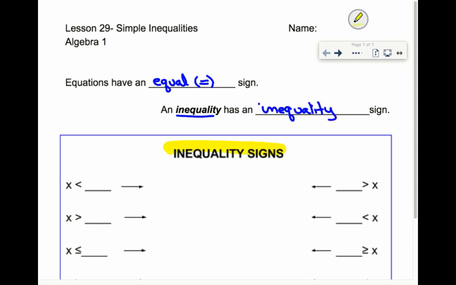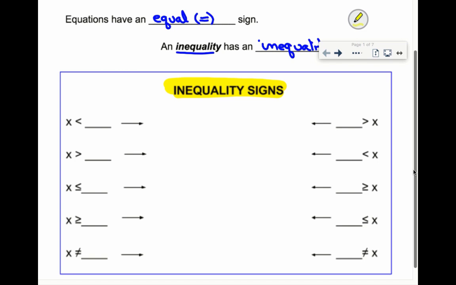These right here are the inequality signs. So we're going to review those. If you look, I have on each side an X and a sign and a blank with a sign and an X. These mean the same thing, and that's what these arrows here are showing you. So when you see X and a sign like that, that means X is less than whatever is in the blank.